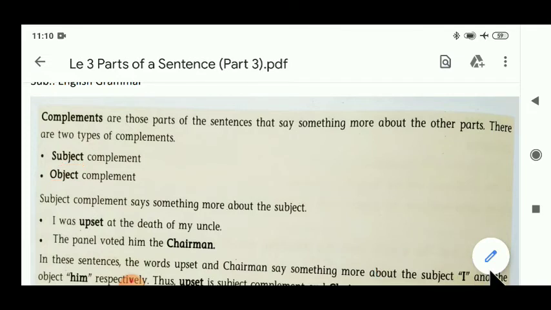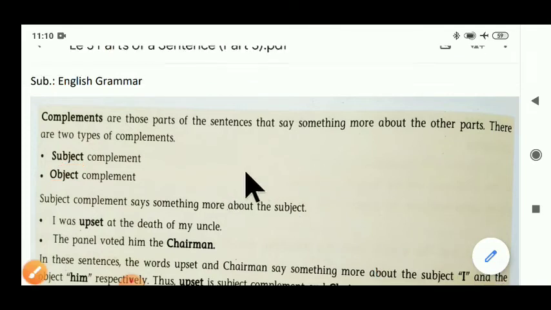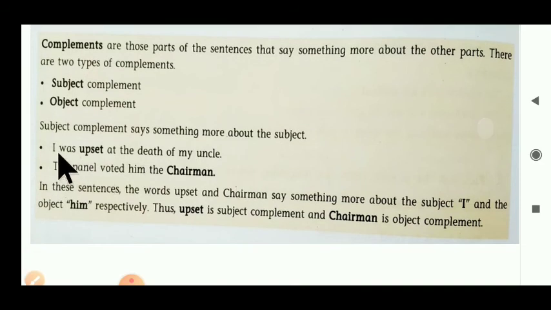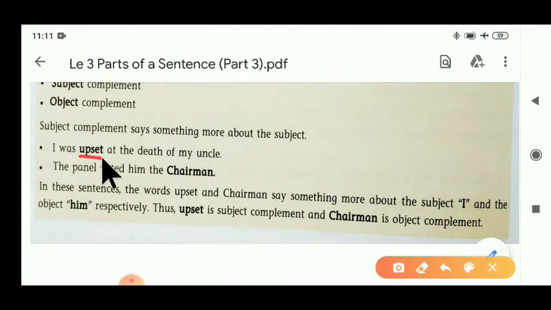Here examples are given, we have to study them. The first example: I was upset at the death of my uncle. Here the word upset is a complement, and it describes the subject I. So we can say that upset is a subject complement.